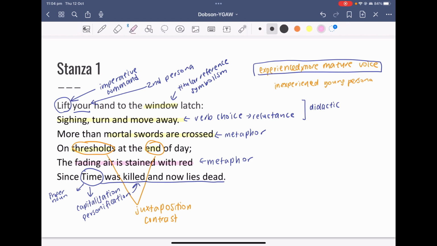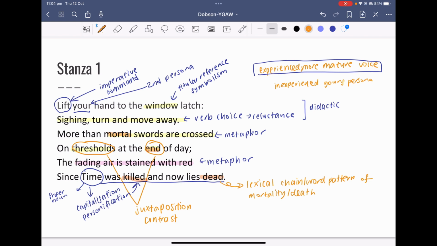But what you also need to recognize here is there are some words that we are able to associate together. So we have mortal, and we also have end, we also have killed and dead. All of these words work together in forming a lexical chain or word pattern of mortality or death.